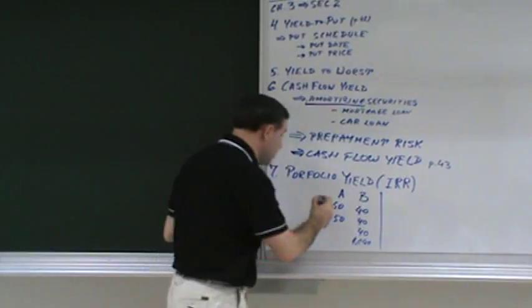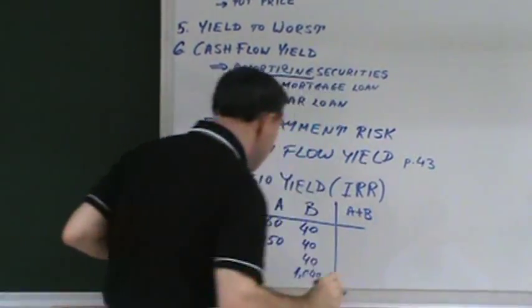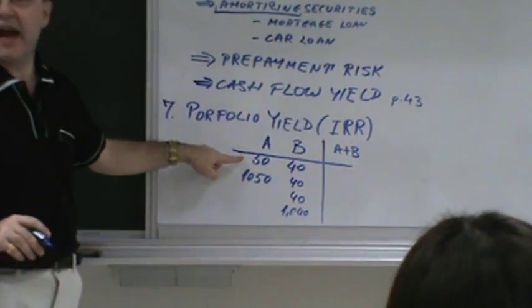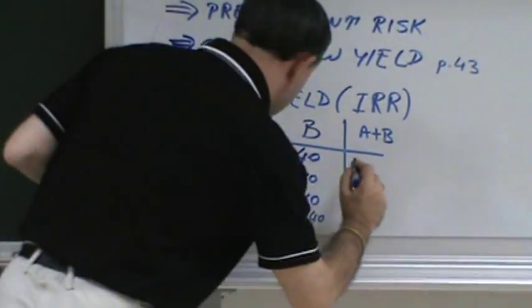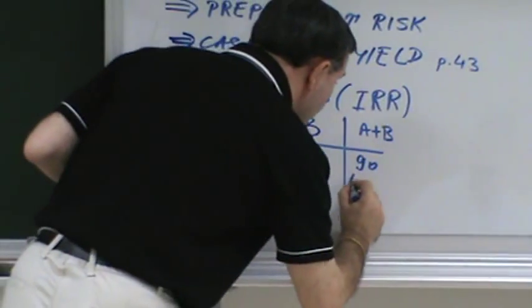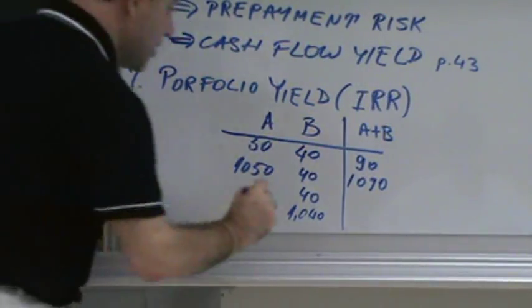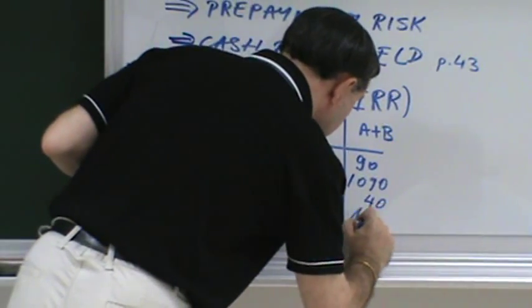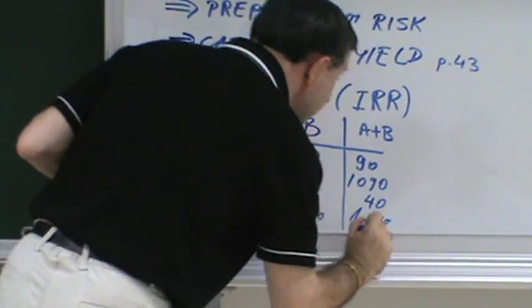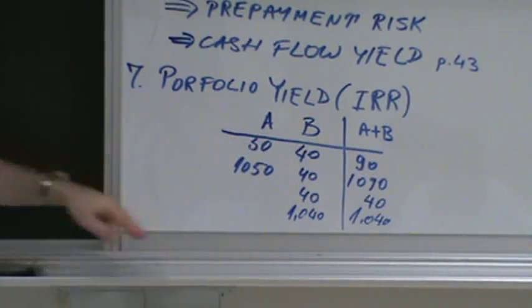Then you have to do A plus B, and you total the cash flow. The total cash flow is 90, 1,090, 40, 1,040, and you calculate yield like any other yield.